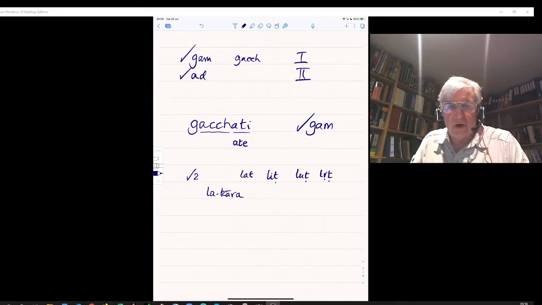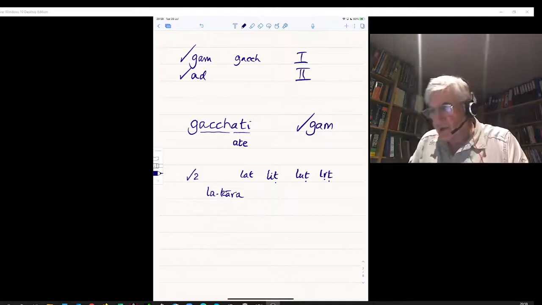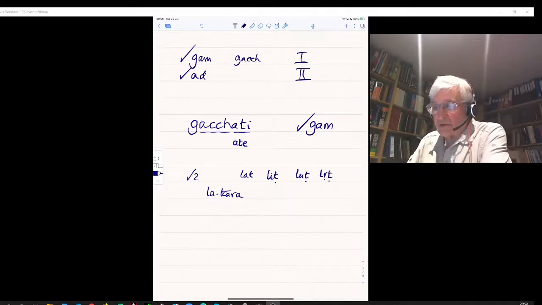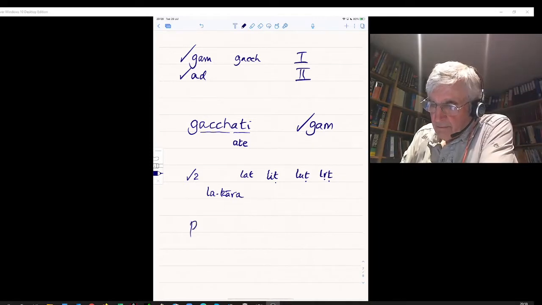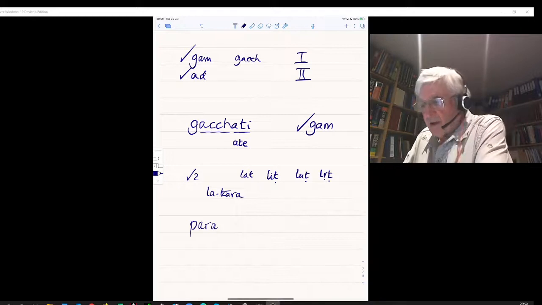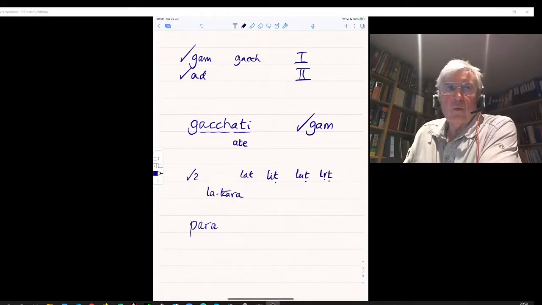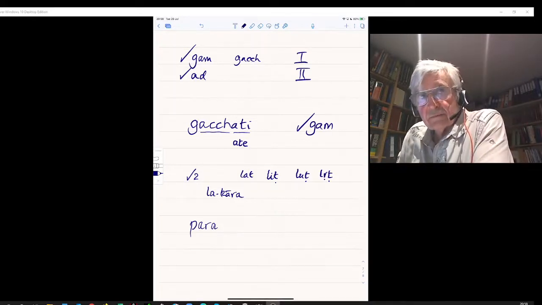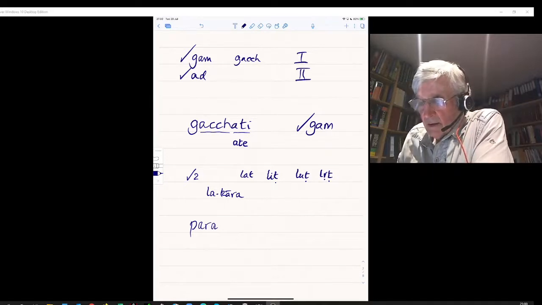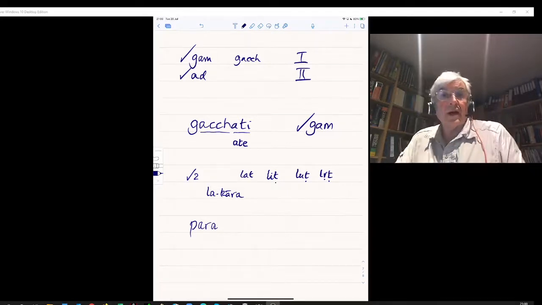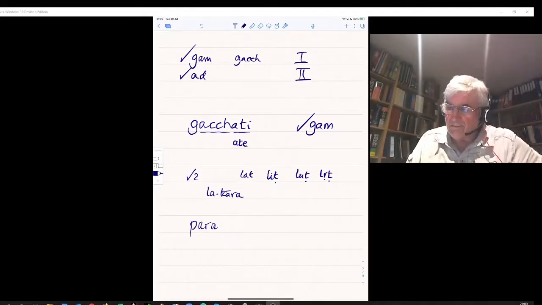Learn these two words, parasmaipada and atmanepada, because we're going to be using those quite a lot. Para is a word with several meanings, and one of them is other. And the dative of that is parasmai.